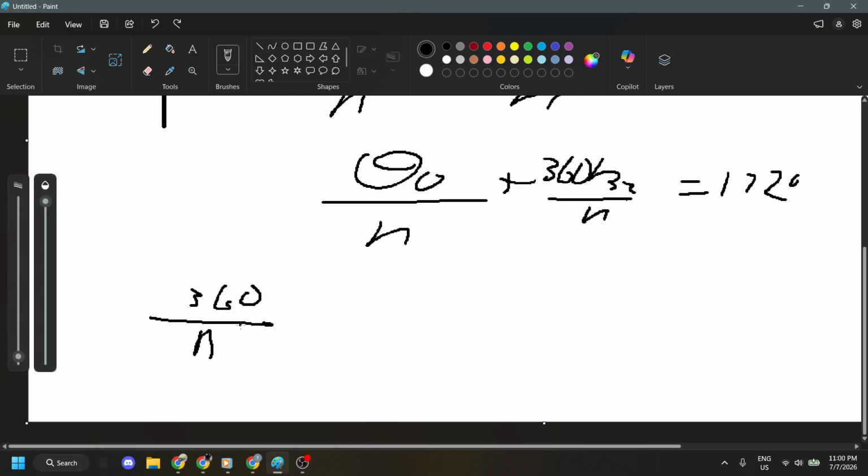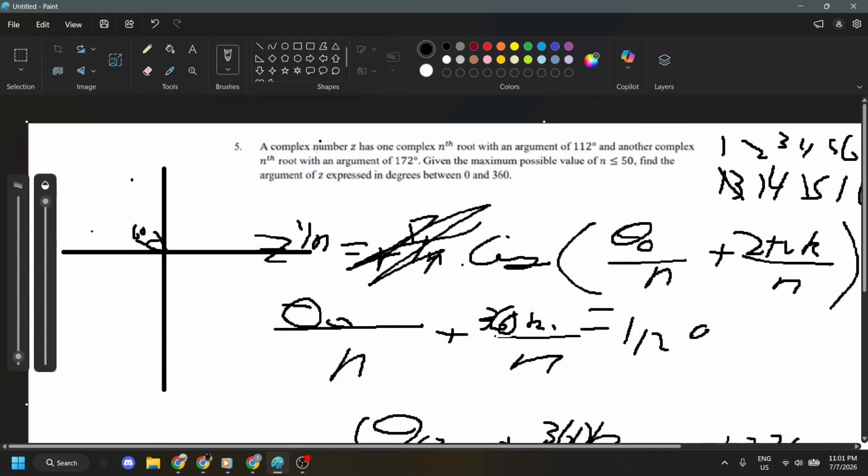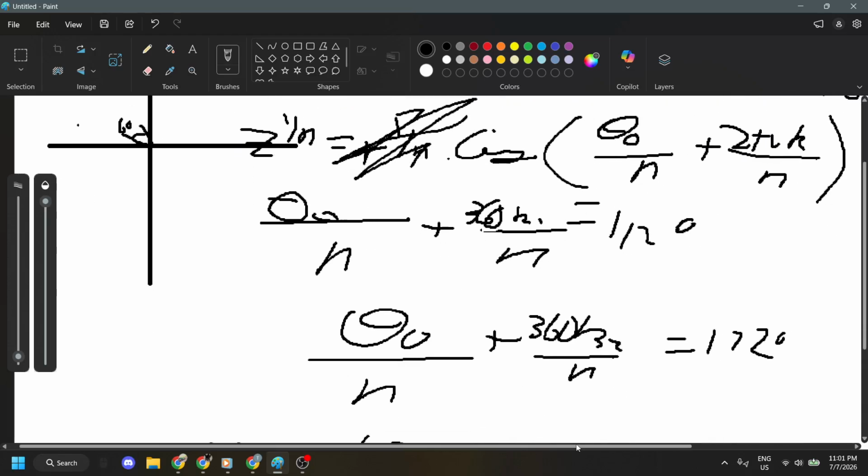I think that's probably the highest. If we just do n is equal to 6k, we get 60 over k. Then k is equal to 1 works, k is equal to 2 gives 12, 3 gives 18, 4 gives 24, 5 gives 30, 6 gives 36, 7 gives 42, 8 gives 48. So n is equal to 48 is our answer.